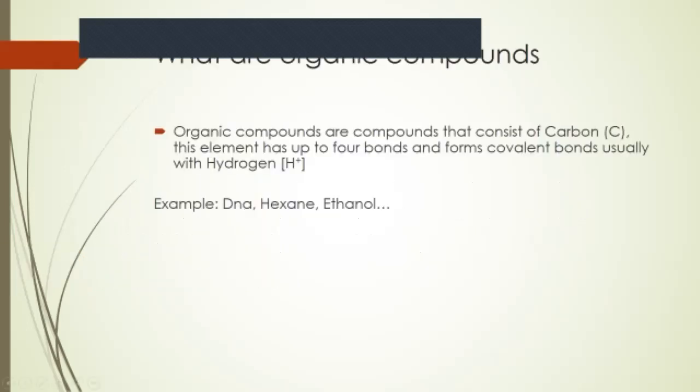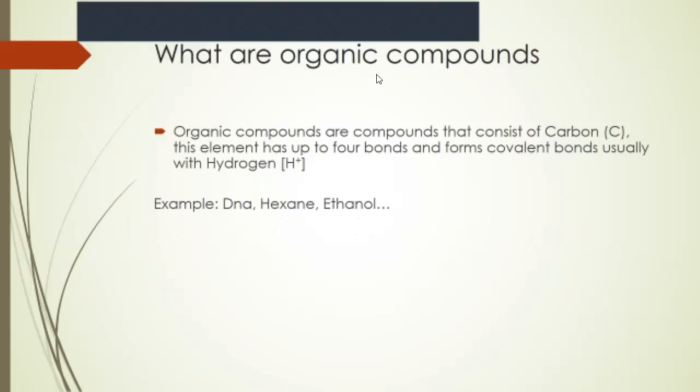Okay. Let's talk about what organic compounds are. When we talk about organic compounds, we are talking about compounds that consist of carbon. This element called carbon has up to 4 bonds and forms covalent bonds, usually with hydrogen.